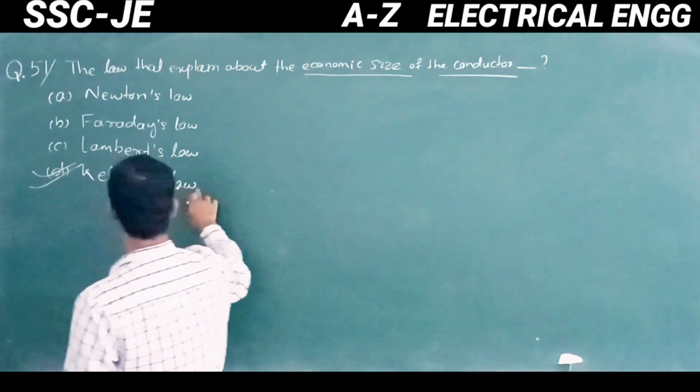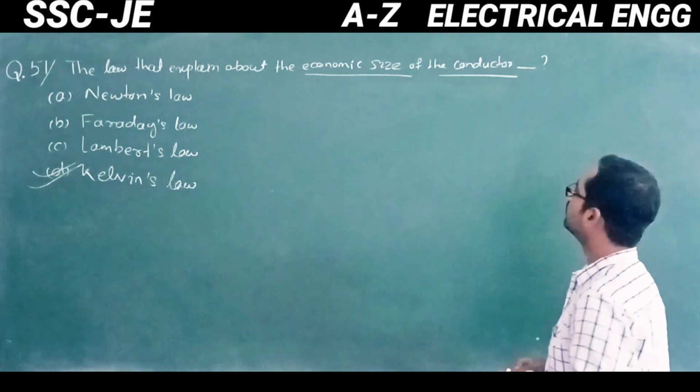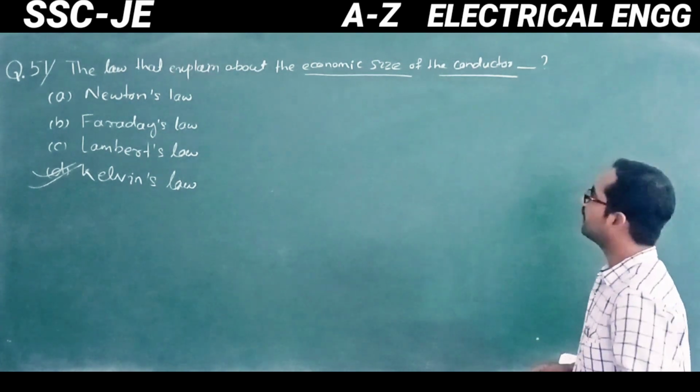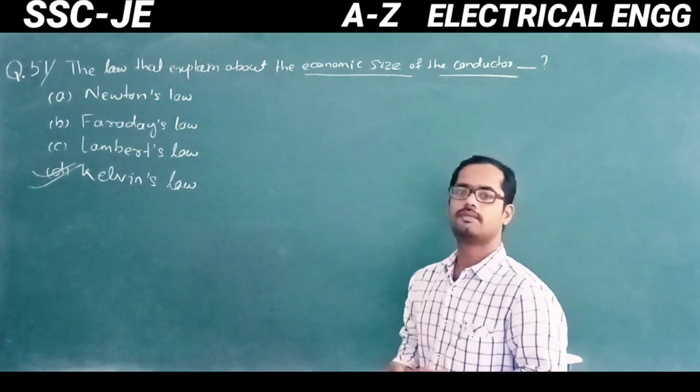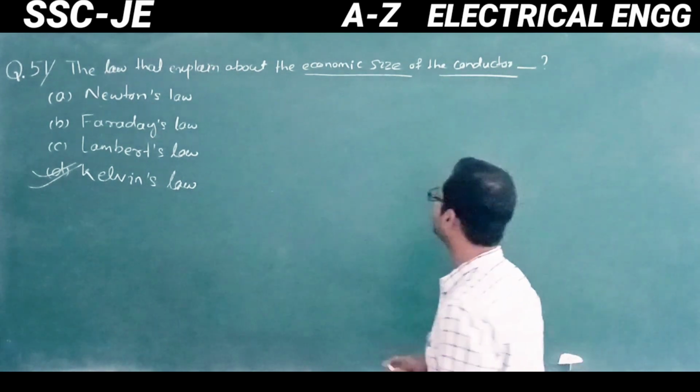Kelvin's law states that the most economic size of the conductor, the most economic area of the conductor, should be such that the cost of the transmission line is minimum.